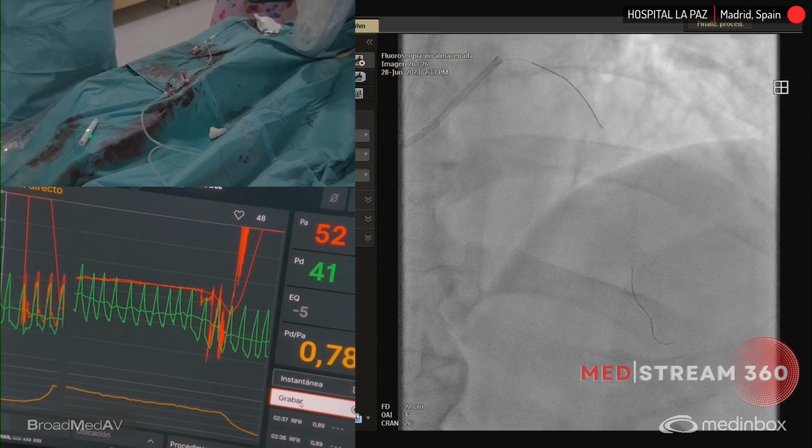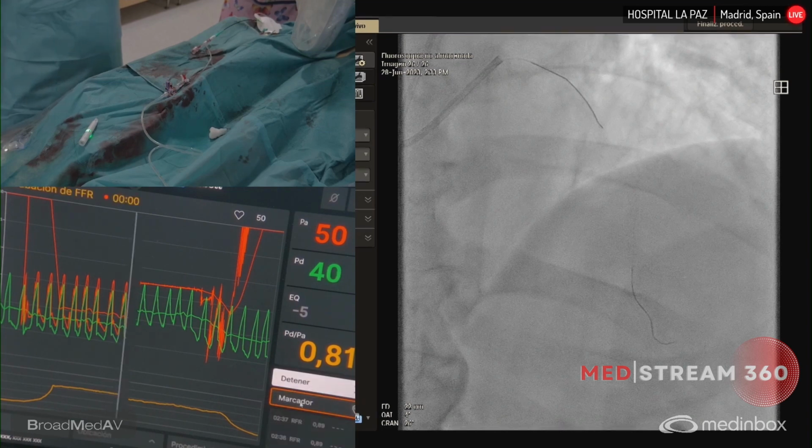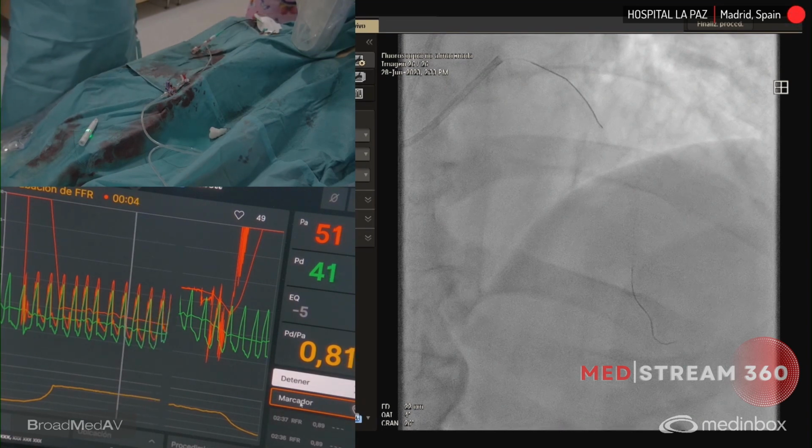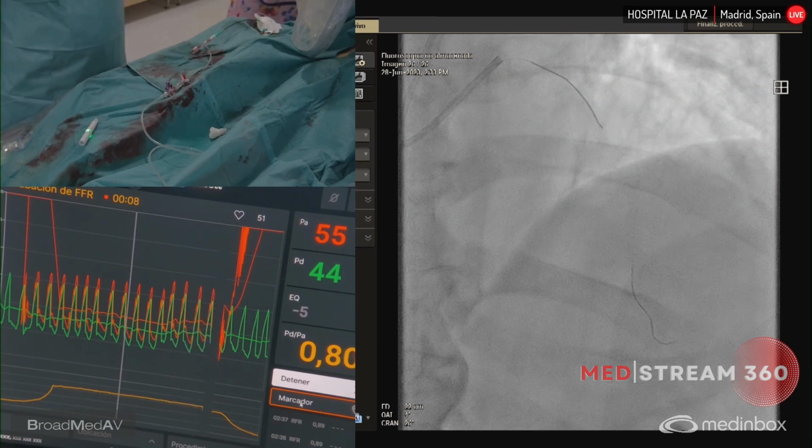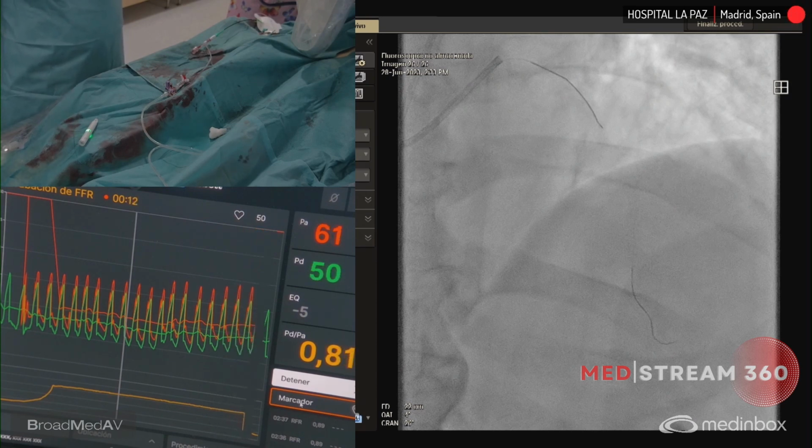How can this affect the measurement of functional parameters? Probably this is the reason of having these results after optimal stent implantation. Probably the distal embolization, the distal repercussion in the microcirculation, is responsible for this result.